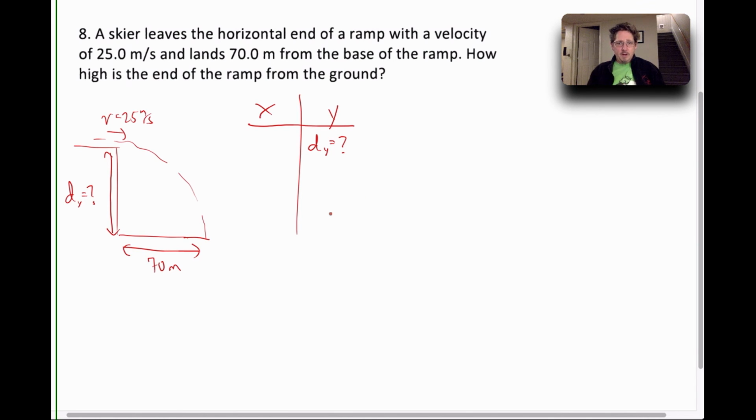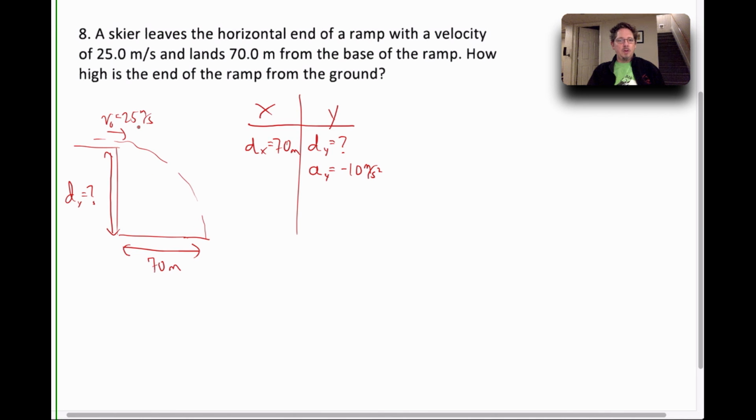Let's see what else we can figure out. Well, we know that the y acceleration is 10 meters per second squared down. We know that we had an x displacement of 70 meters. And here we go with our velocity again, 25 meters per second at the top, at the beginning. So this is an original velocity.